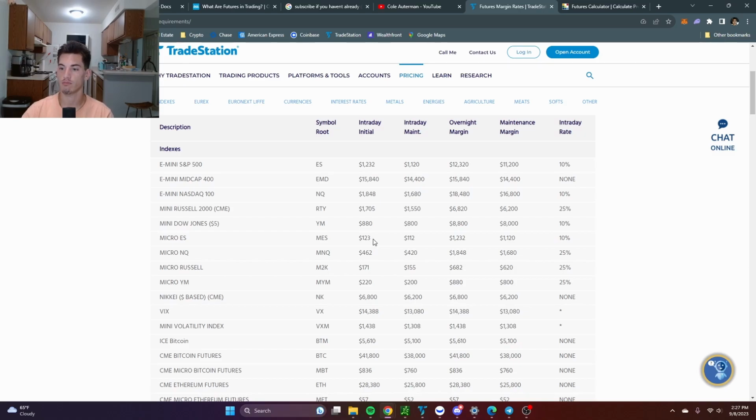If you catch 5-10 points on ES with one micro contract, so you need $123, let's just say $200, with 5 points caught, that would be $25, and with 10 points caught, that would be $50. $50 on a $200 account, a 25% return in a day.